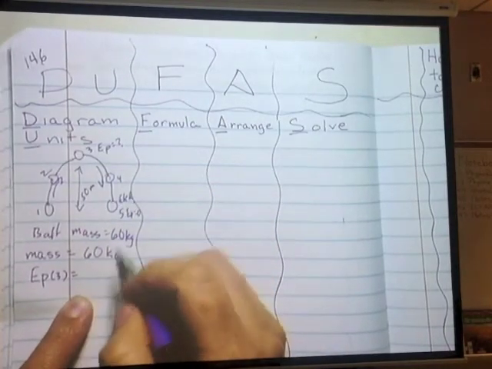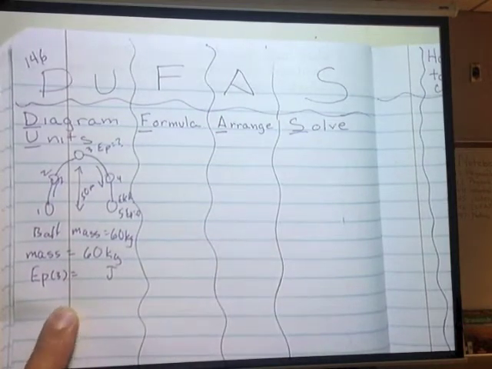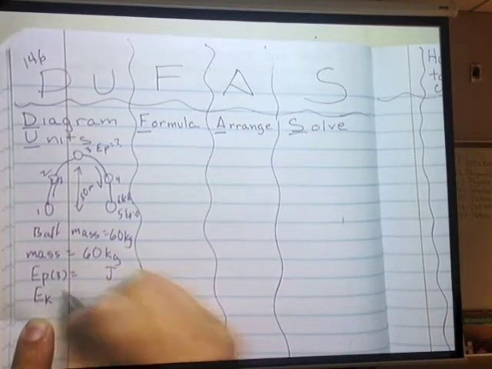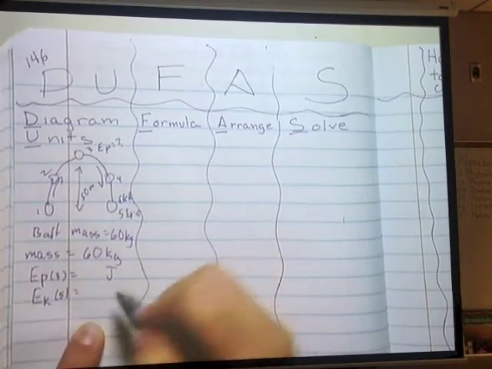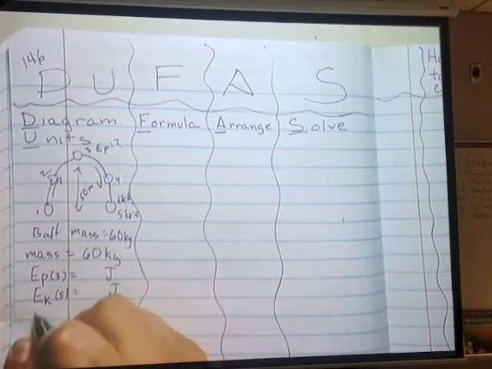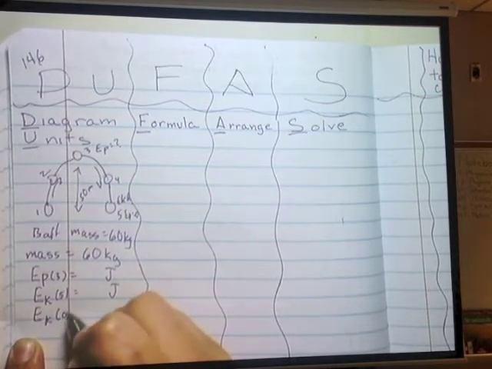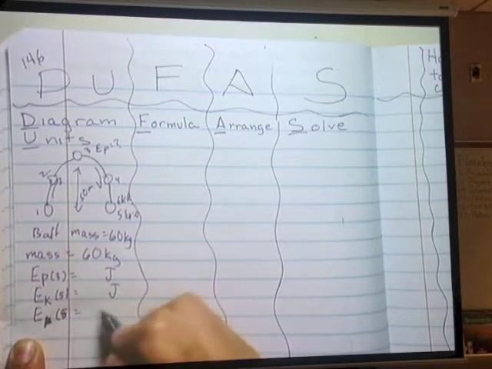That's going to be one of my variables, but I know that's a unit of joules. I need to find EK, which is kinetic energy, at 0.5, and that's going to be joules. And at 0.5, I know that the potential energy is 0 joules.